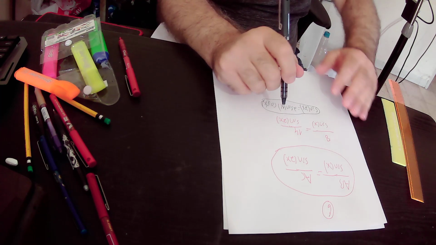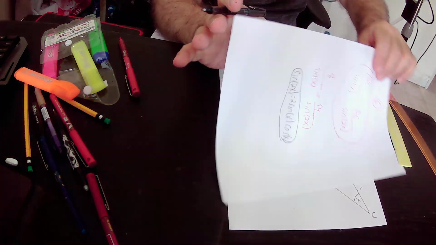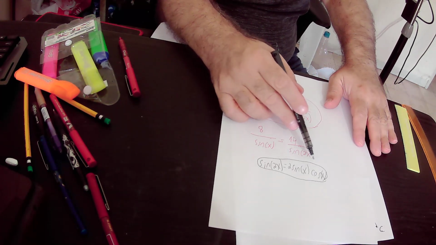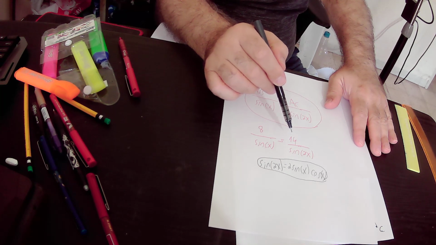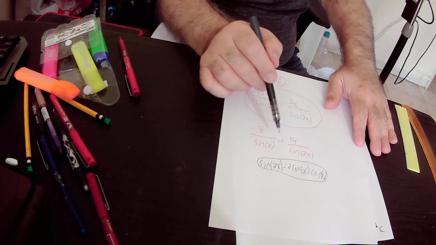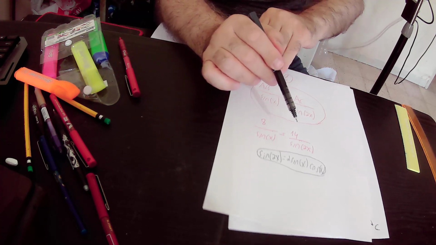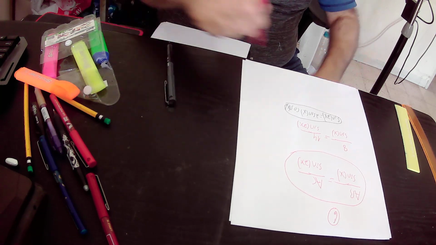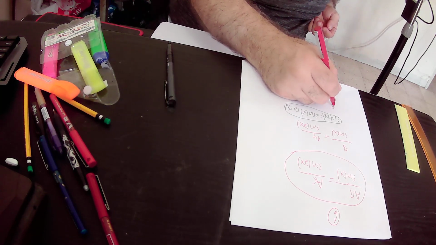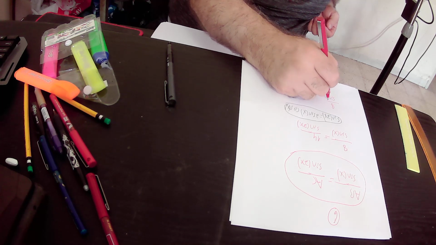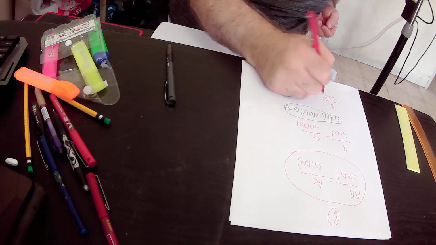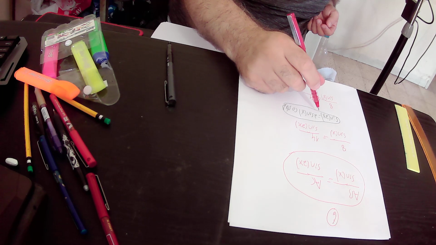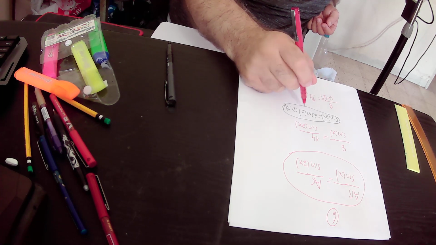Okay, so we will substitute sine 2x by this expression in this equality, because sine 2x equals this expression, and we will get that 8 over sine x equals 14 over 2 sine x cosine x, according to this trigonometric identity.